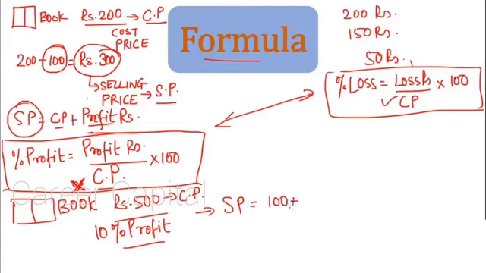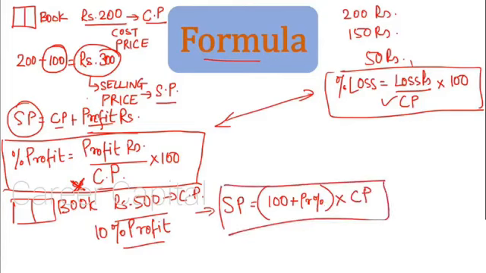More means addition, add into that the profit percent. Here it is 10%, so here it would come 10%. The formula is 100 plus profit percent multiplied by cost price. See how easy it was. It's just whatever profit percent is there, add 100 to it and multiply by cost price, right?